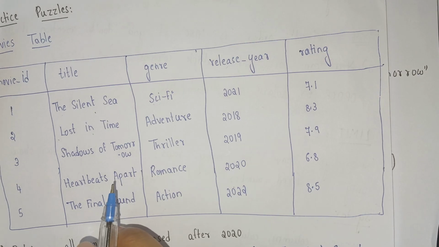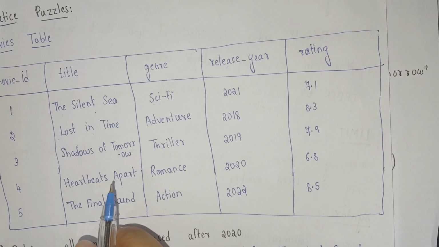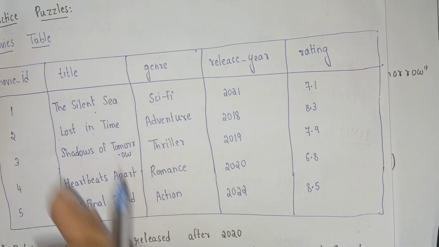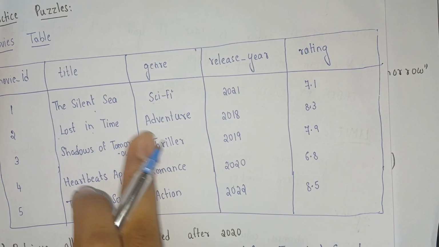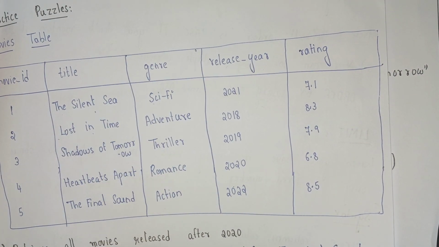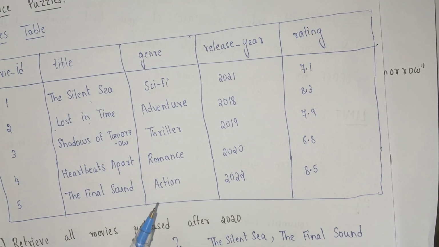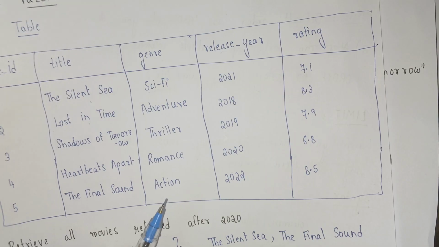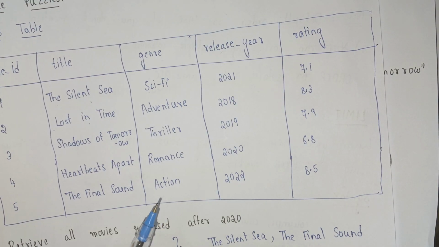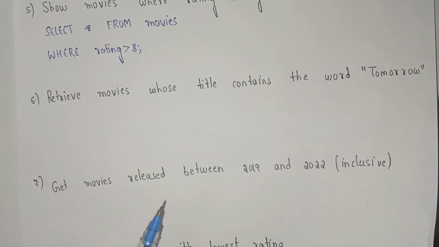Suppose instead of 5 rows, you have many rows and some have the word tomorrow, then how are you going to do it? For that you have to understand a concept like the LIKE operator. It should be something like this.